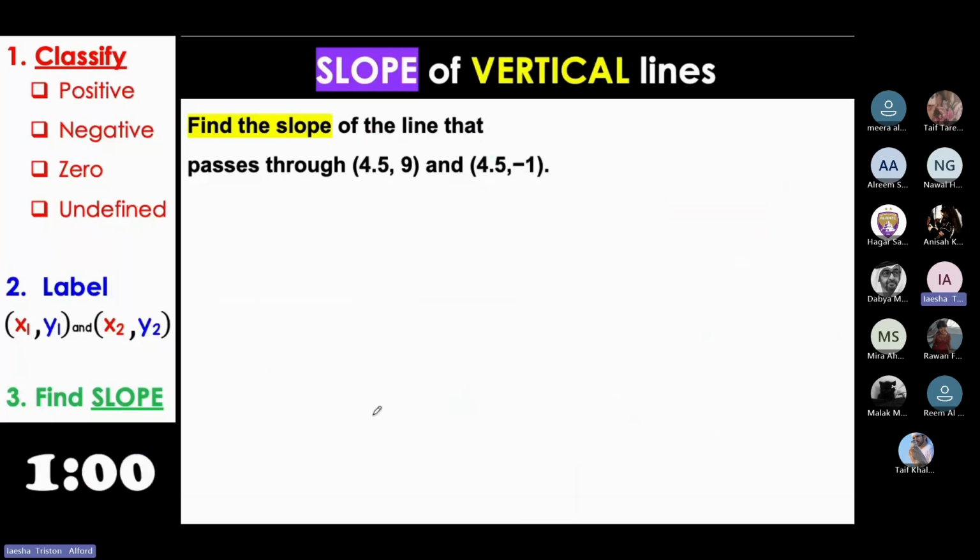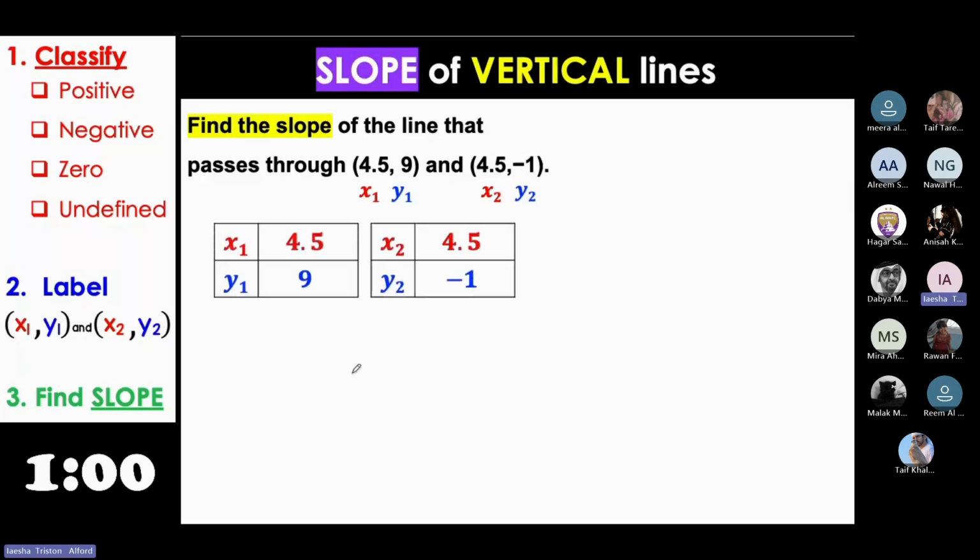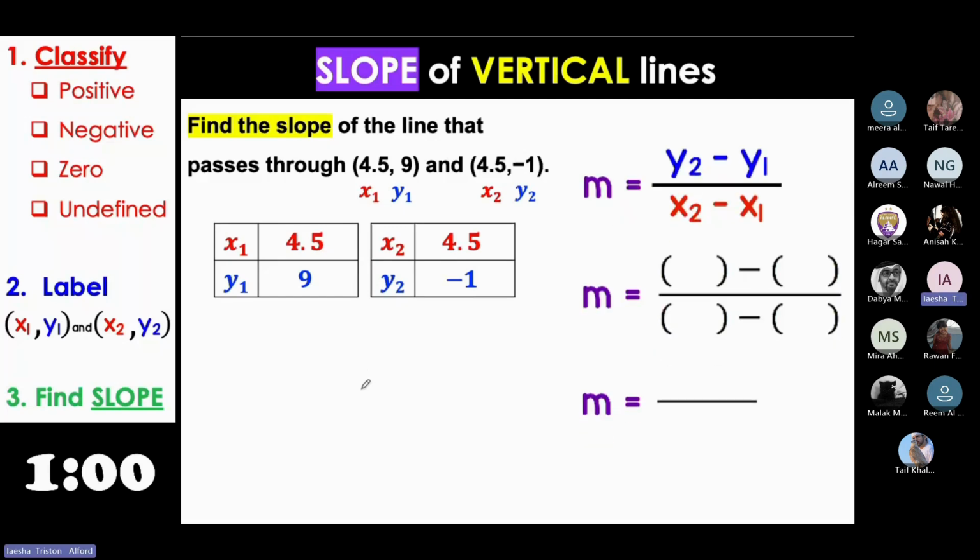Try again. X1, Y1, X2, Y2. If you want a table, make a table. Write the formula, put the parentheses, make sure you have subtract in the middle, and put the numbers inside.